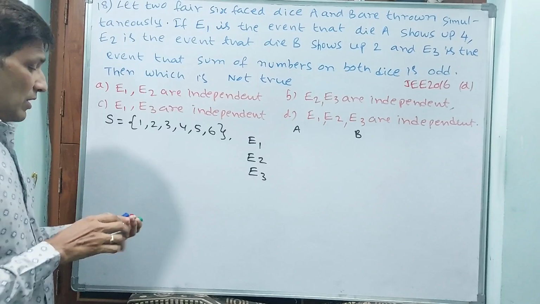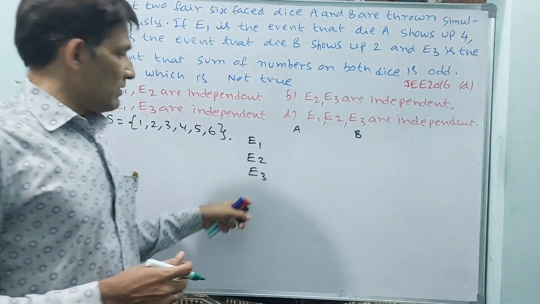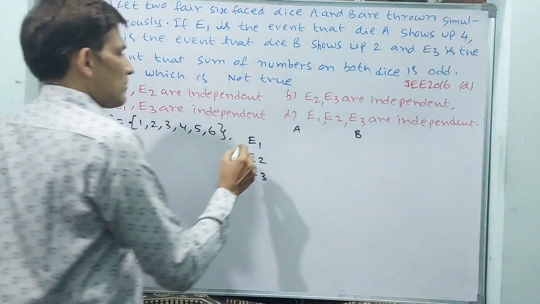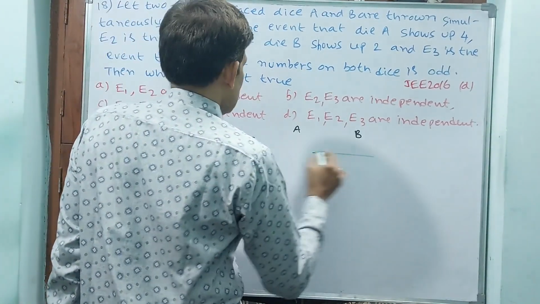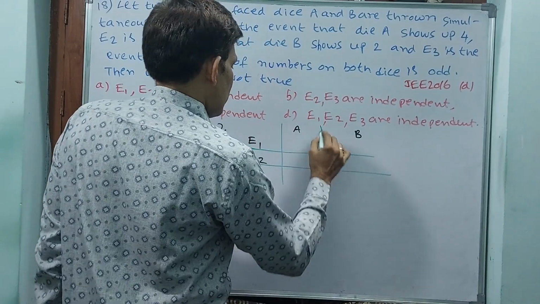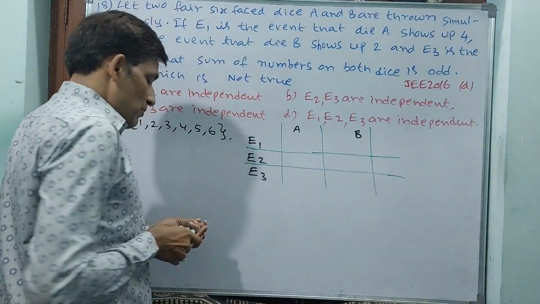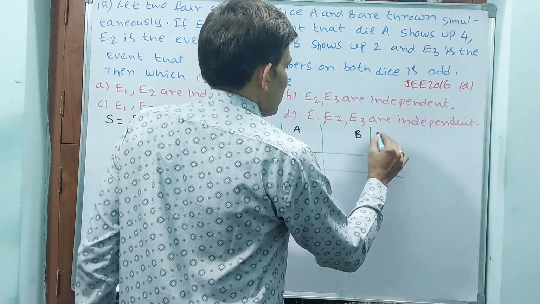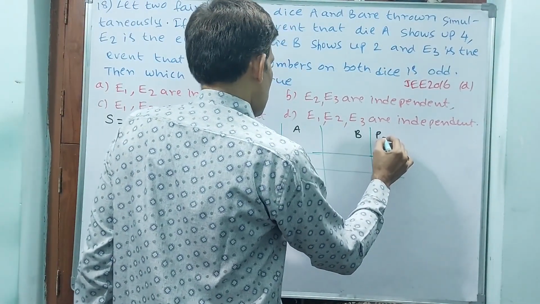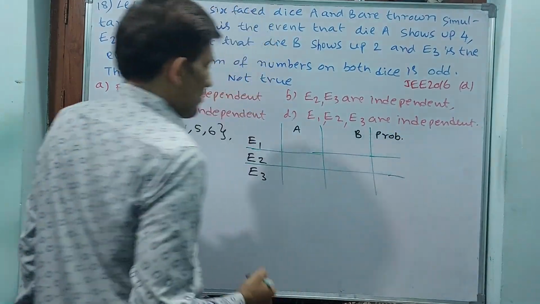Observe carefully how I am writing this. 2 dice we are having, 3 events we are having. Like column I am making. And what else? Probability also, at one go, I will write.